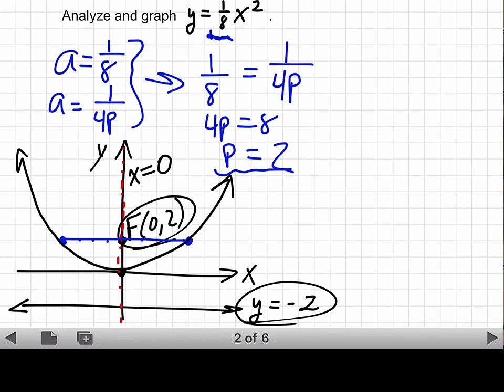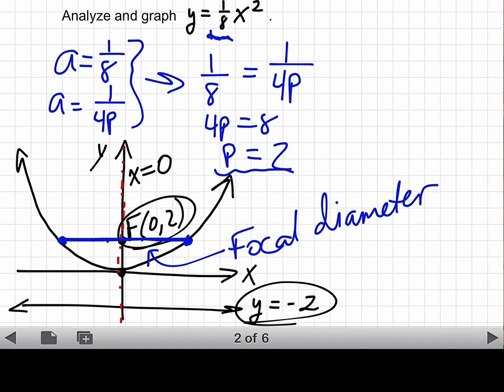This distance here between the 2 points that we found by the line that goes through the focus is called the focal diameter. Let me write that out. Focal diameter. And its length is 4P, and so in this case it's 8. We're essentially just going to use that to help us to graph parabolas, which we've done here.